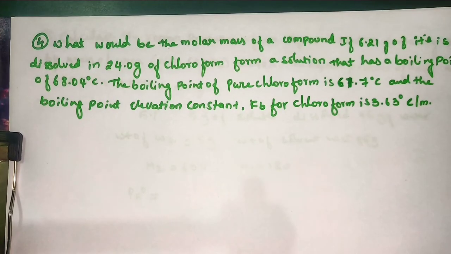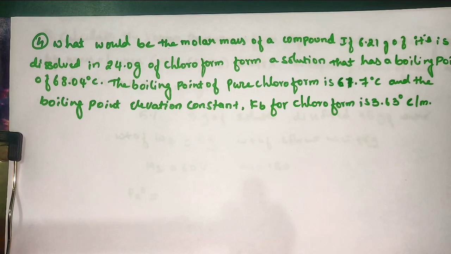Fourth question is, what would be the molar mass of a compound if 6.21 gram of it is dissolved in 24.0 gram of chloroform to form a solution that has a boiling point of 68.04 degrees Celsius. The boiling point of pure chloroform is 61.7 degrees Celsius and the boiling point elevation constant Kb for chloroform is 3.63 degree Celsius per meter.